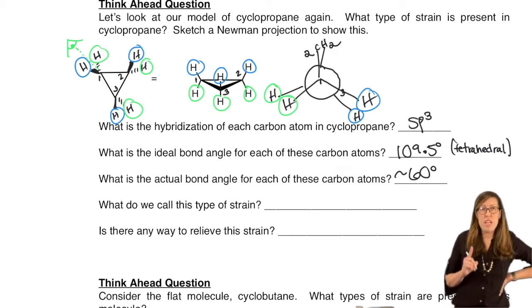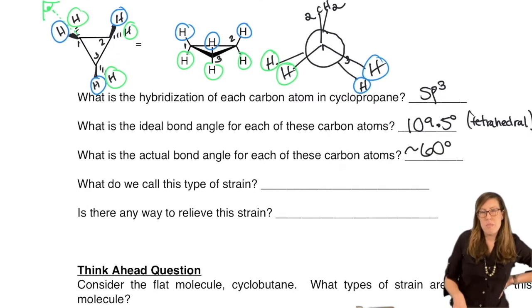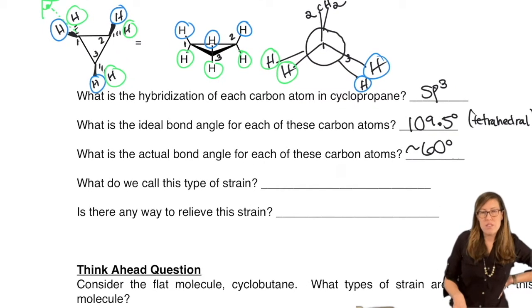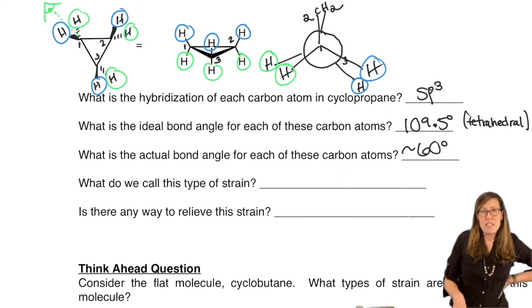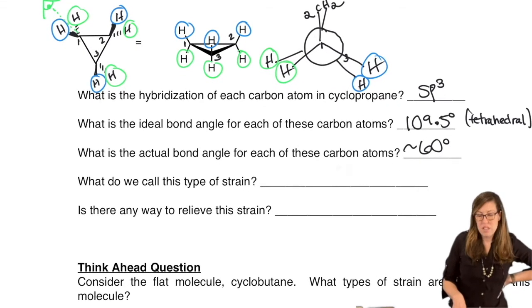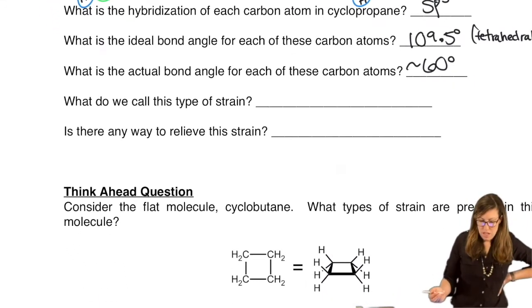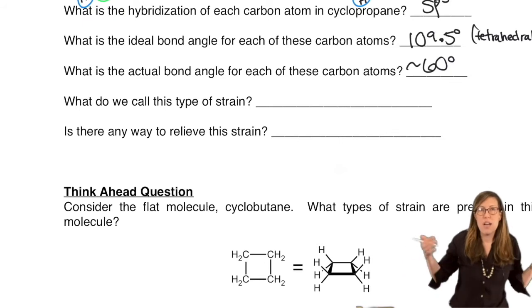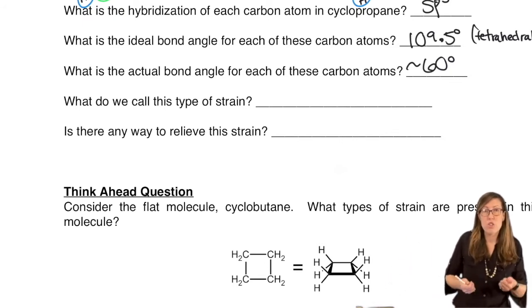So there's a name for this, what we describe as something that disfavors it energetically. So this is something that increases the energy of the compound. In other words, it's less stable. And we usually have a reason for that. Like, why is it less stable? Because the bond angle is not reflecting the ideal bond angle. It's strained.